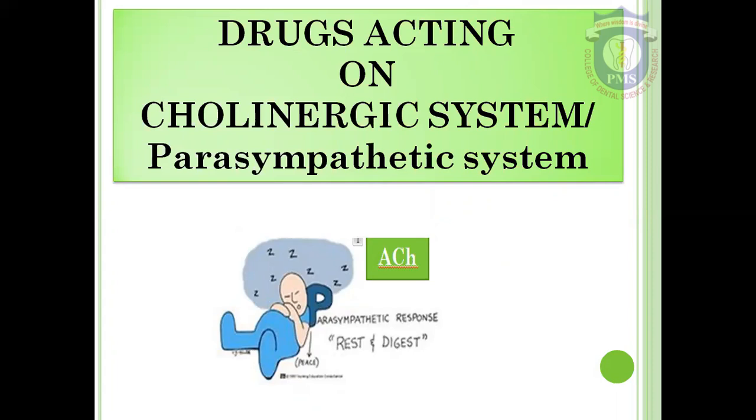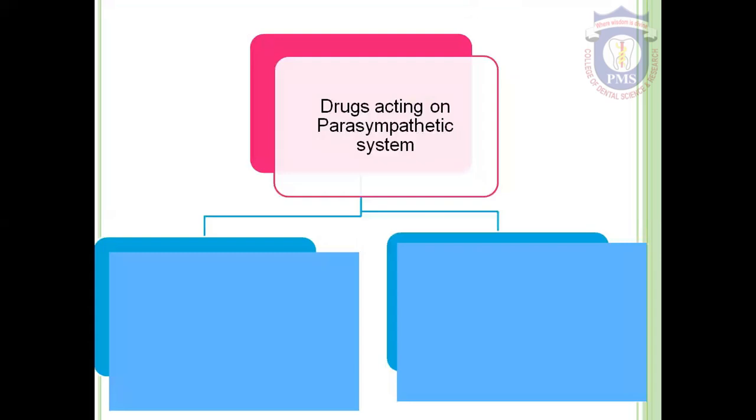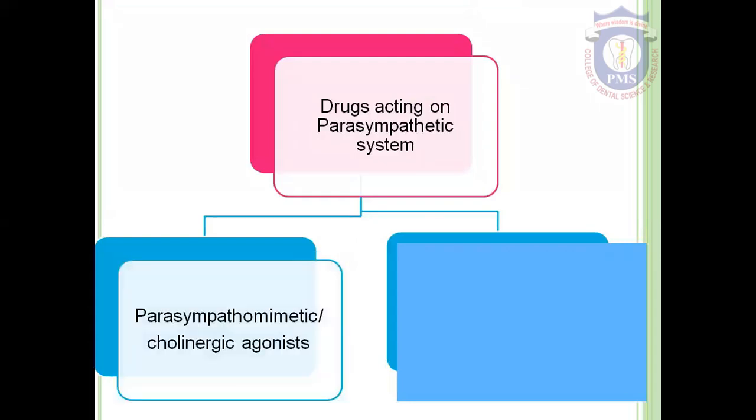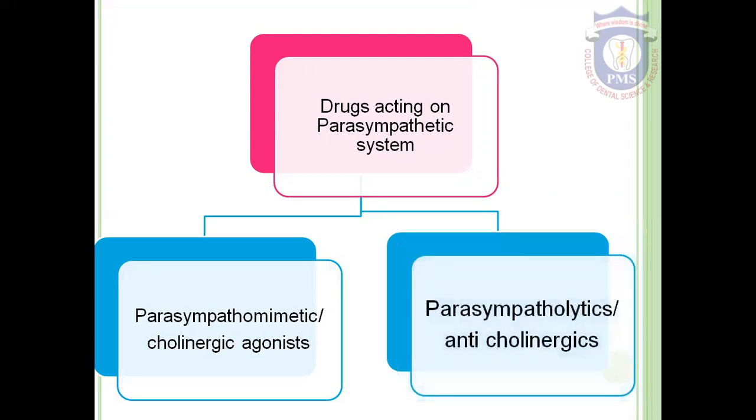What are the common drugs acting on the cholinergic system? The prototype agent is acetylcholine. You can classify the drugs acting on the parasympathetic system into parasympathomimetics or cholinergic agonists, and parasympatholytics or anticholinergics. Parasympathomimetic means these drugs mimic the activity of acetylcholine.